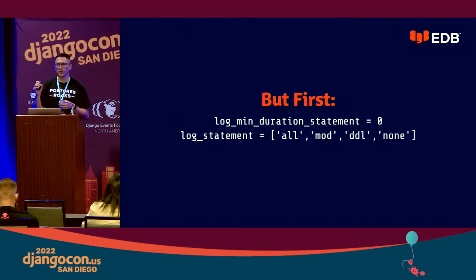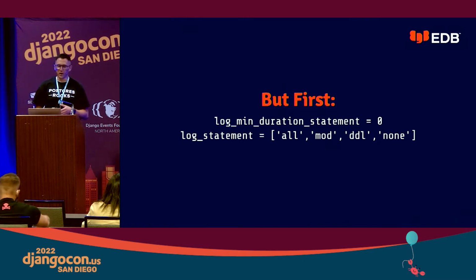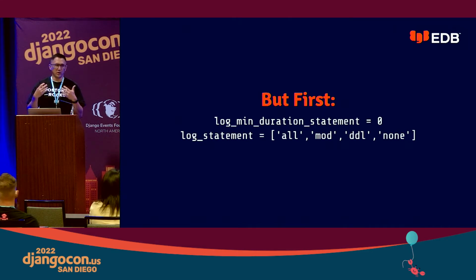So if you set it to 100, any query that runs for more than 100 milliseconds will get printed to the PostgreSQL log. And in this case, if I set it to 0, then all queries will get printed to the PostgreSQL log. So you can see what the ORM fed to the database and what queries got run.